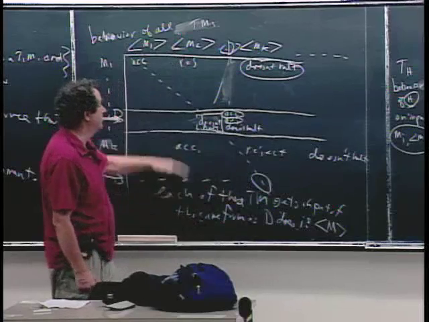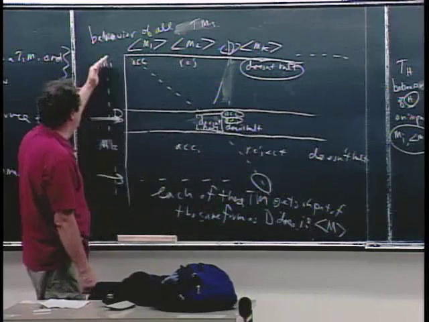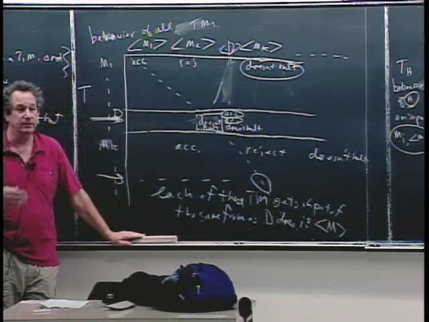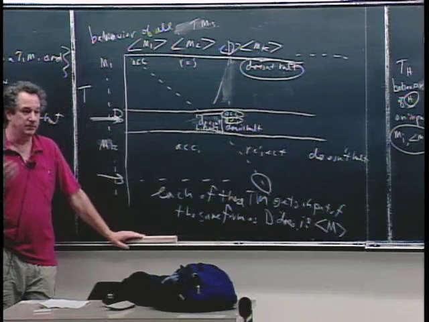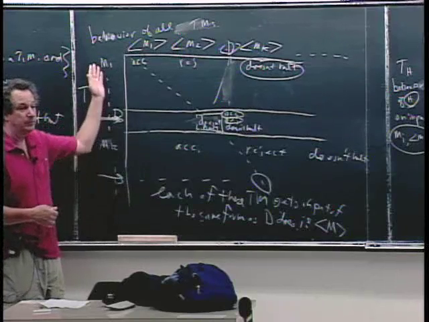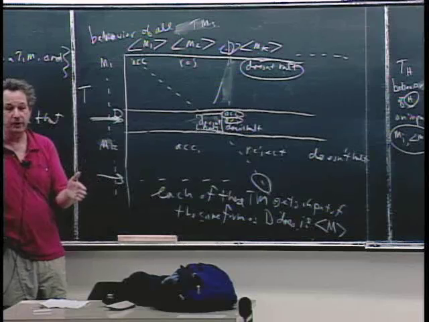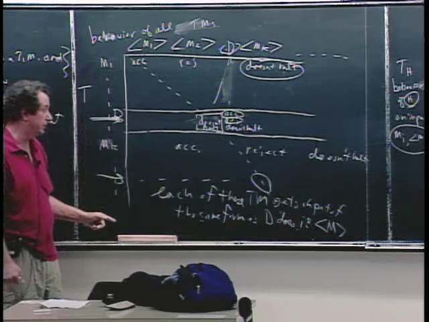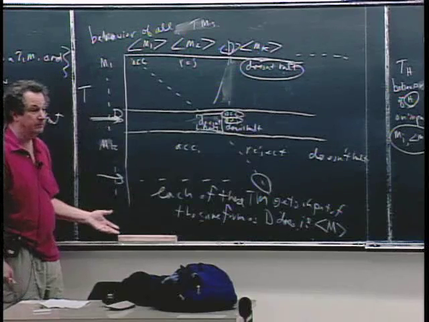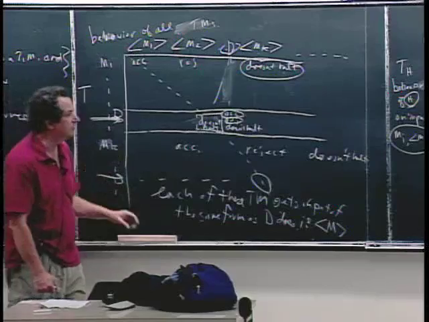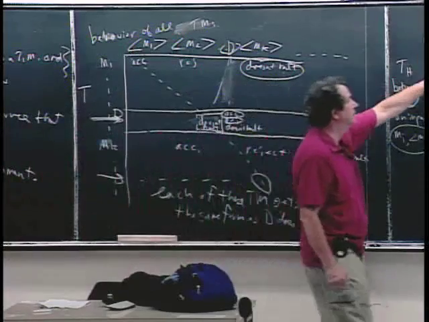So D isn't in here, but this is supposed to be the enumeration of all Turing machines. And we know we can enumerate all Turing machines. That's not a supposition that we can now reject. We know we can enumerate Turing machines because Turing machines are just described by strings, and we can enumerate strings. So there is an enumeration of Turing machines that gets all of them. And yet now we have this D in our hands under the assumption that ATM is decidable.